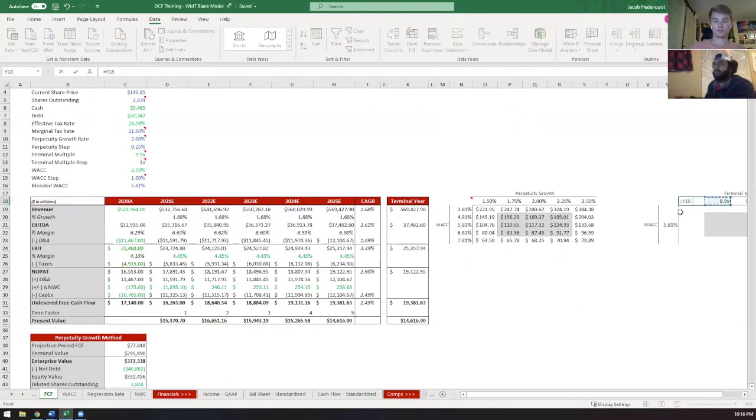Same thing here. Cool. And we're going to do the same thing we did beforehand with the WACC, adding that 1% WACC step.